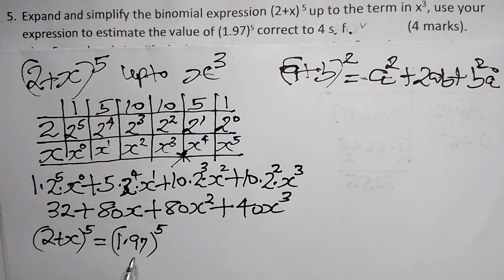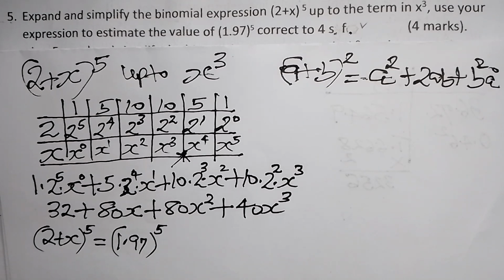If we subtract 0.03, we are going to get 1.97.